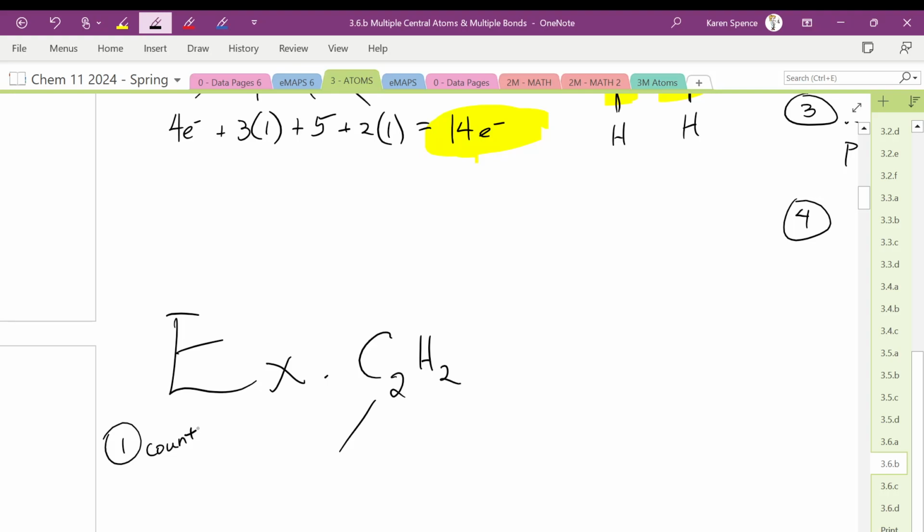How many valence electrons in carbon? 4. Do I need to multiply it? Yes. And then how many electrons in hydrogen? 1. And do we need to multiply it? Yes. So now we have 8 plus 2 is 10 valence electrons.